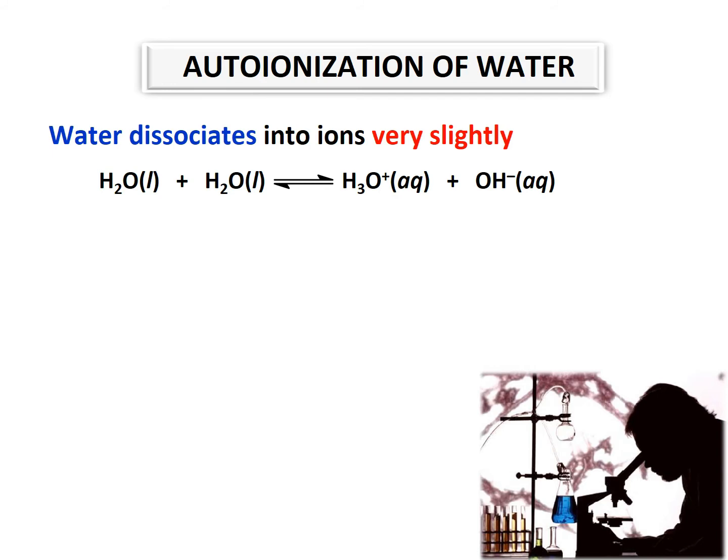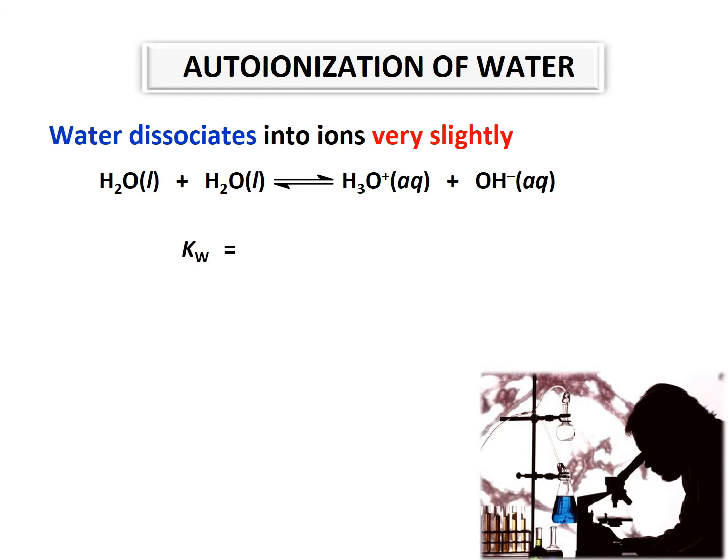Only a very small portion of water molecules undergo this reaction. Therefore, water is a weak electrolyte. This kind of reaction is called an auto-ionization reaction, as two ions are produced from a neutral species.